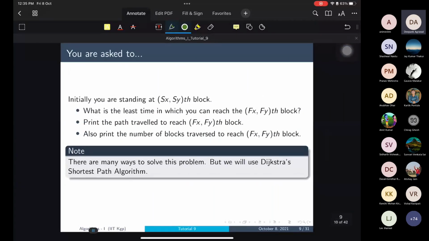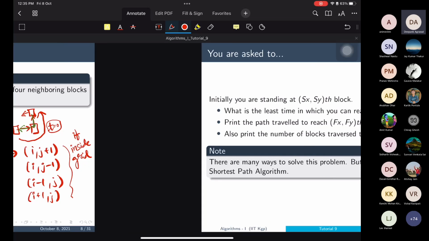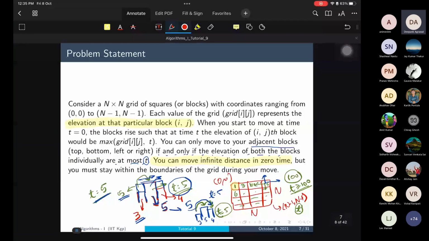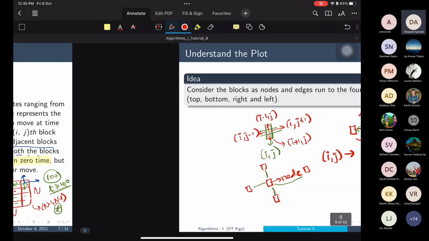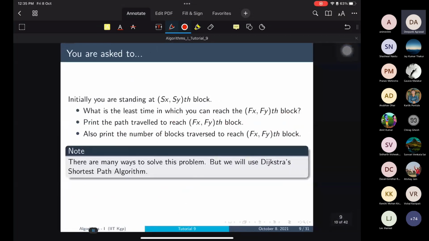Now that you have the understanding of what is the plot of the question, these are a few things that are asked to you. Suppose that you are standing at an initial node sx comma sy. This can be any node in the grid. You are asked what is the least time in which you can reach the fx block.